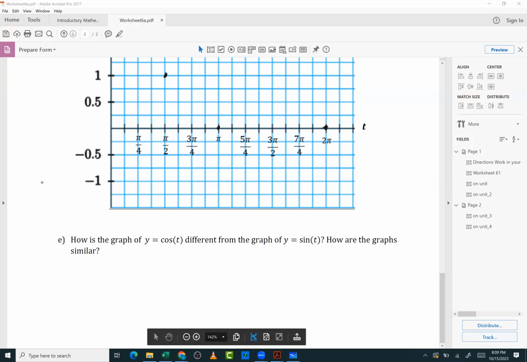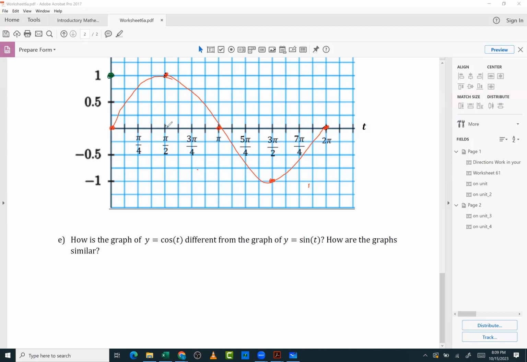Okay, so we have sine of 0 is 0, sine of pi over 2 is 1, sine of pi is 0, sine of 3 pi over 2 is -1, and sine of 2 pi is 0. Now I have the right points in there. So there's my sine. My cosine is going to be a little different because it's going to start at 1.